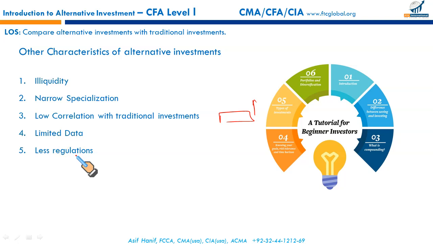So there is less regulation, and of course because of less regulation there is less transparency in alternative investment markets. And since these are unique transactions, loosely regulated and less transparent, it would result in unique legal and tax considerations for such investments.